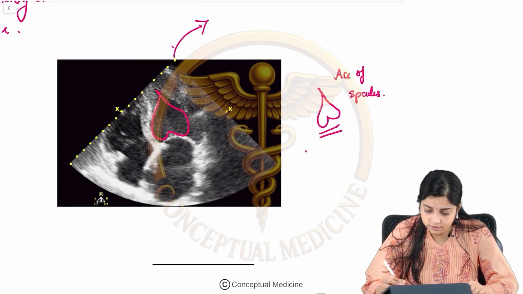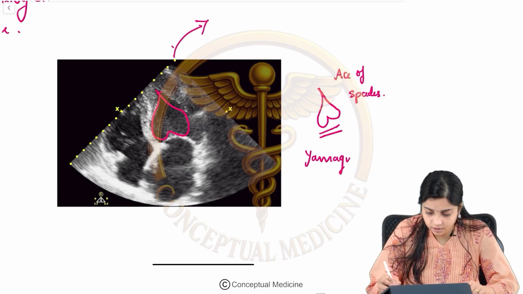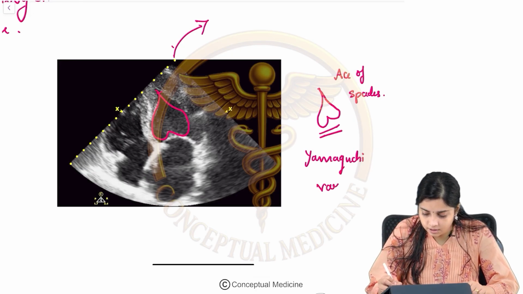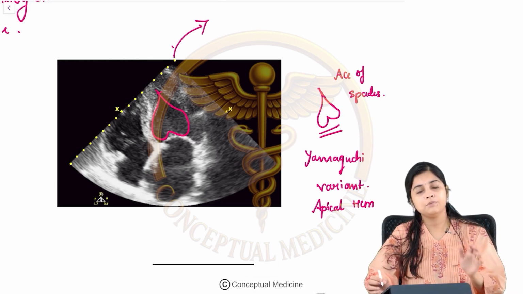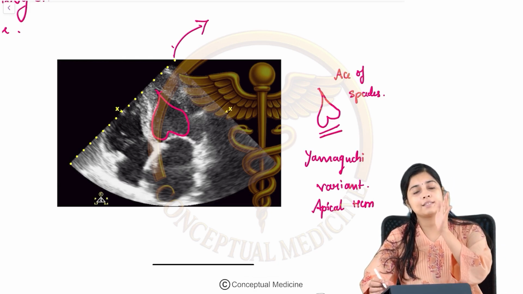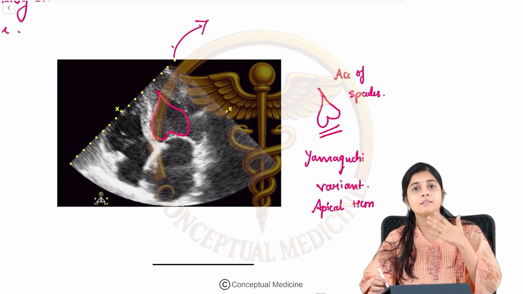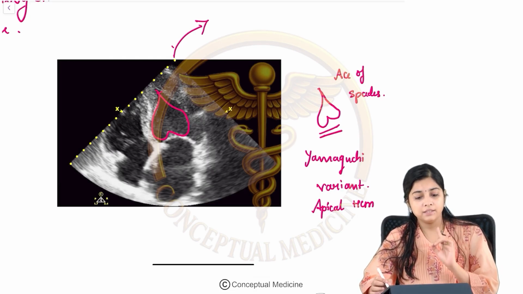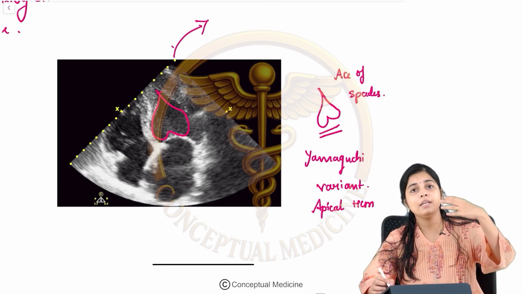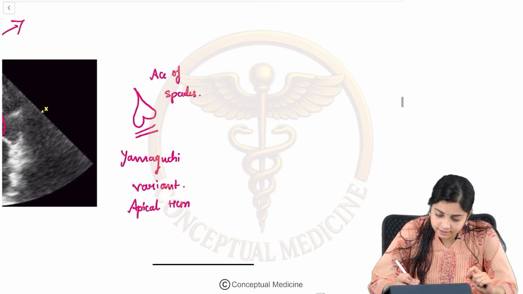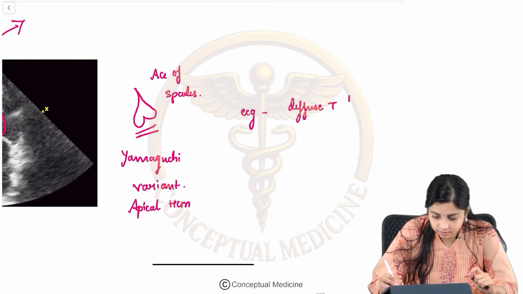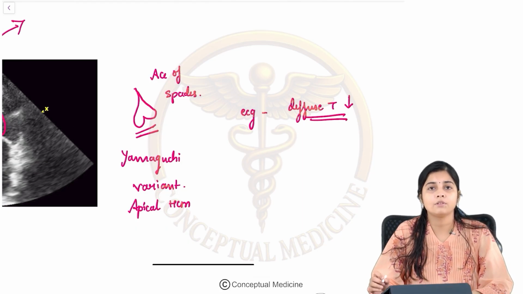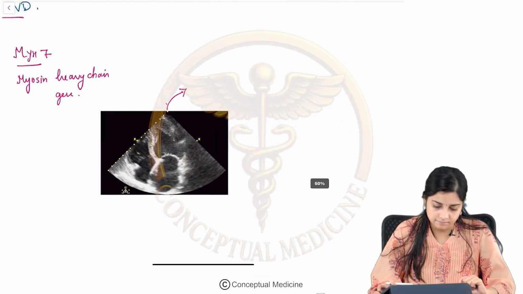This is the Yamaguchi variant of hypertrophic cardiomyopathy, also called apical HCM. The most common type of HCM has an asymmetrical septal hypertrophy. In this Yamaguchi variant, there is only apical hypertrophy. And the characteristic ECG finding that you see is diffuse P-wave inversion. Okay, so this is about your Yamaguchi variant of HCM.